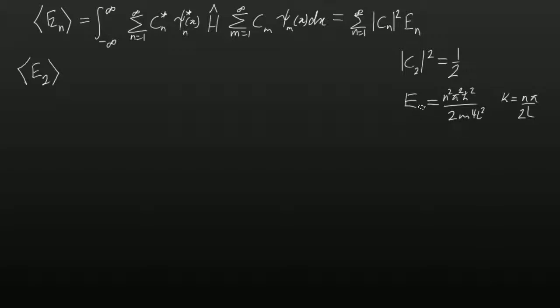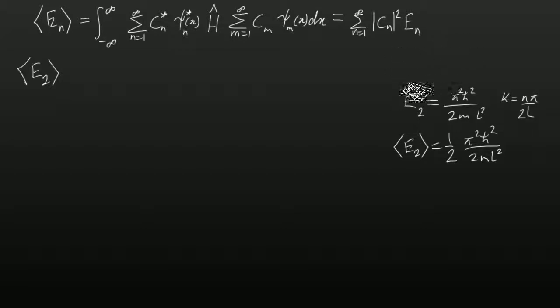Now we'll look at the case for when n equals 2. That becomes a 4, which cancels with this 4. So what we're looking for in the end, we're hoping that the expectation value will equal a half times pi squared h bar squared on mL squared. Okay, that's what we should find from this integral.